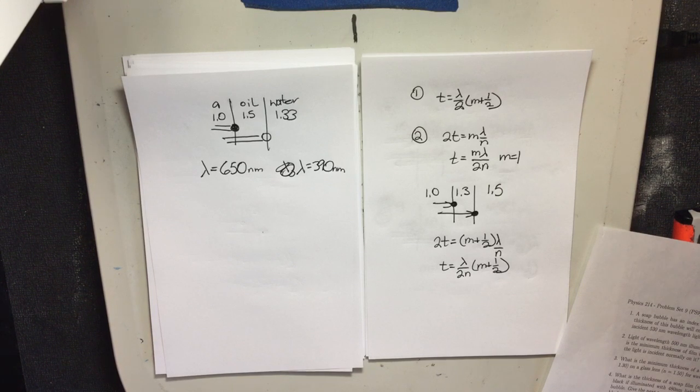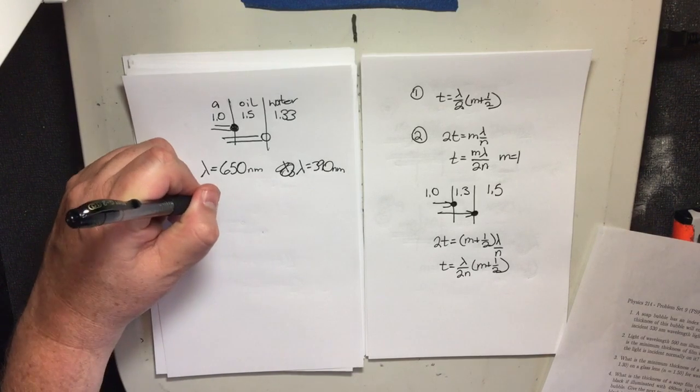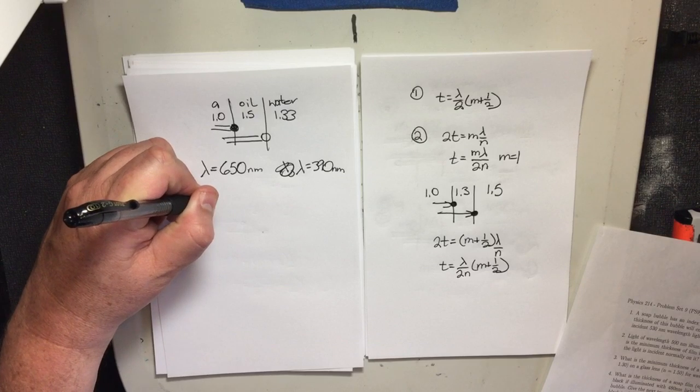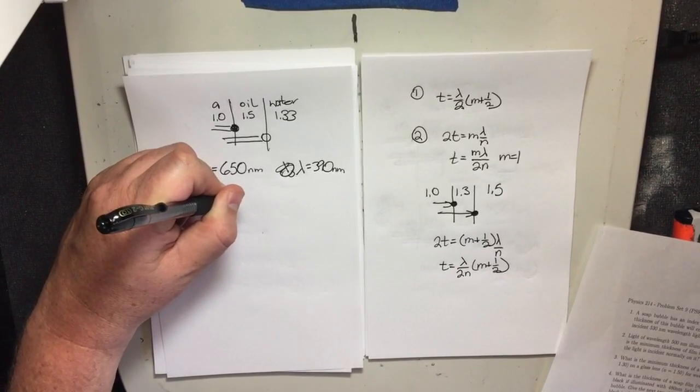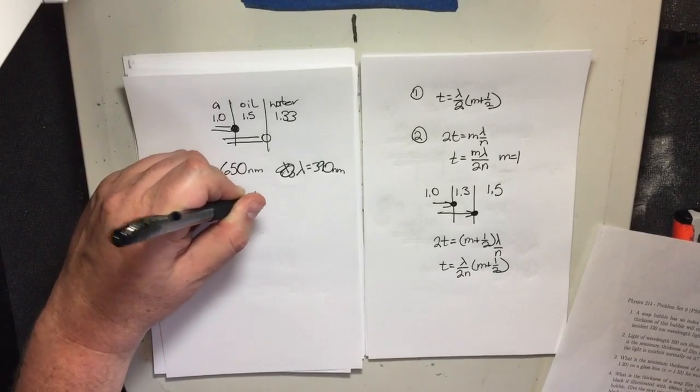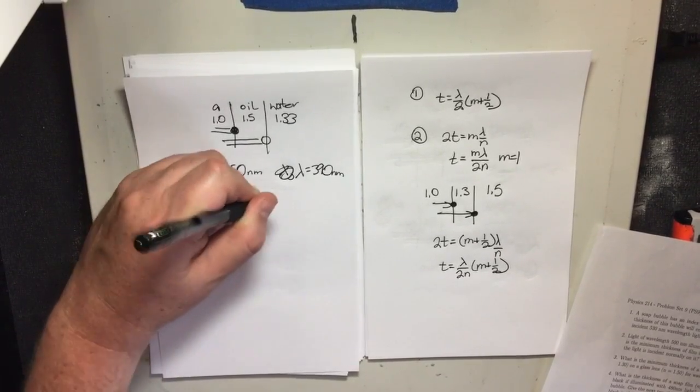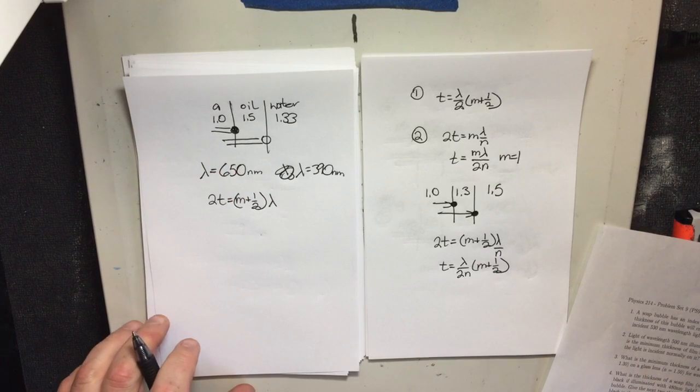These both appear bright. So we're dealing with an odd bright situation. Odd bright or odd constructive is 2t equals (m plus 1/2) lambda.